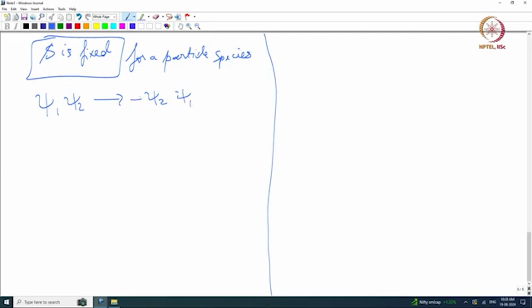They pick up a minus sign, correct? This is what is actually a fermion that we learned in quantum mechanics, right? So what is this? This is the Pauli exclusion principle, correct?